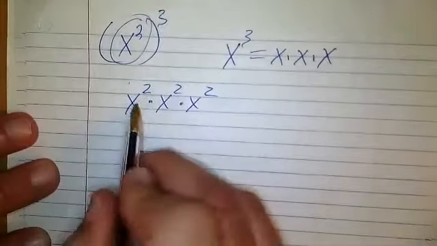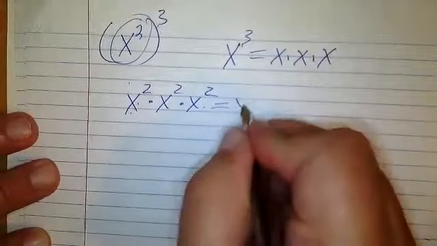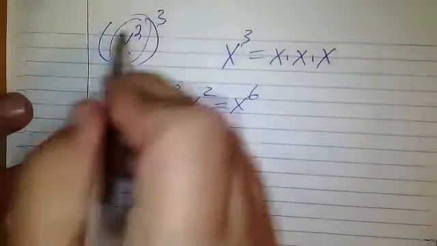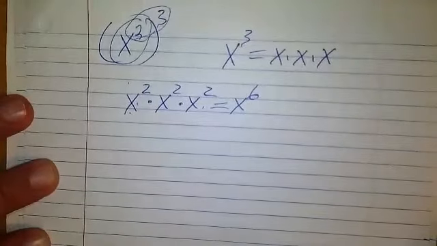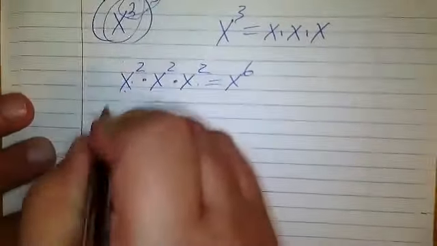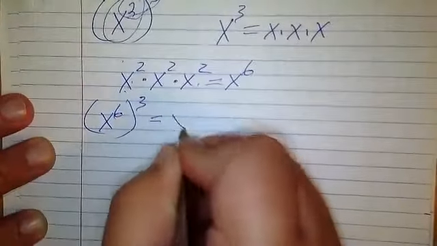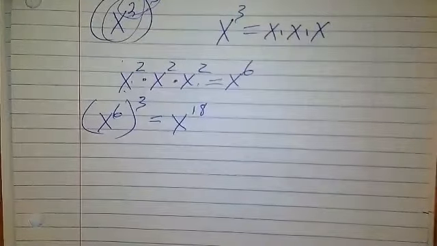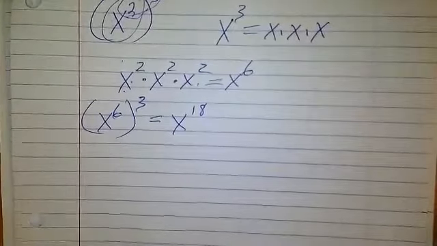There's 2 here, 2 here, and 2 here. So in total, there's 6, right? So the rule is when we have this situation, we multiply the 2 exponents. So for example, if I have x to the 6th cubed, I'm going to have x to the 18th because 6 times 3 is 18. Does that make sense? Give me a thumbs up if you're like, yep, that makes sense. I got that.